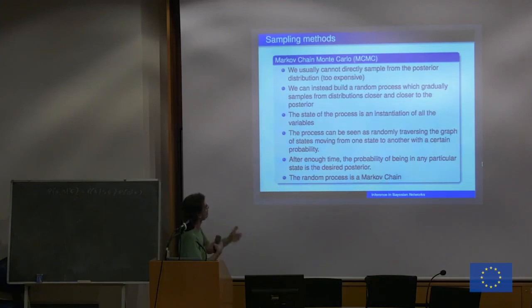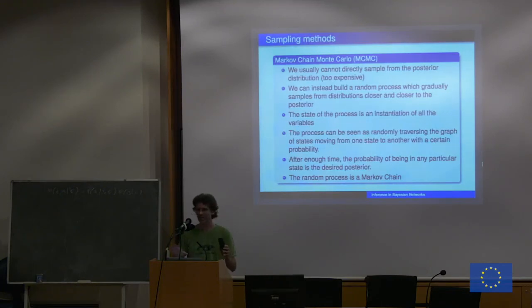So basically, in a nutshell, you build a state. The state of the network is a configuration for the variables in the network. You move from state to state by changing values according to the probability of having these different values. And at some point in this process, the probability of getting a certain value will be the same as the probability in the original network.